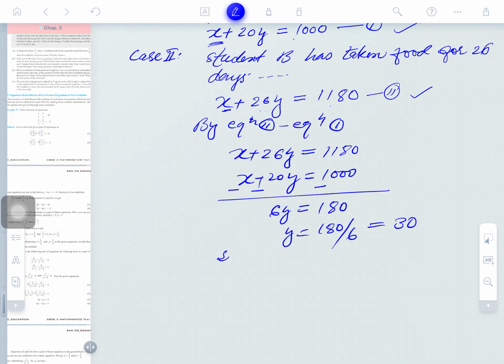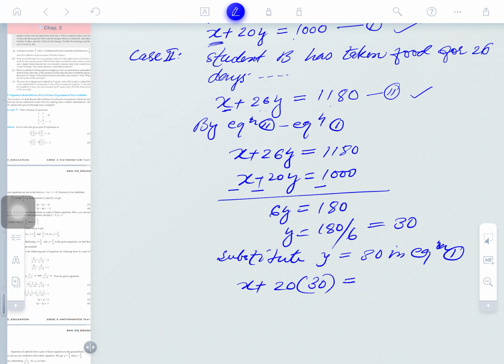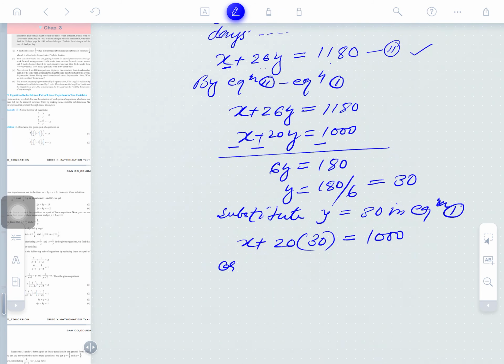So substitute y equal to 30 in the equation. What is the equation? Please tell me. Equation second or first, in any. So x plus 20 times 30 is equal to 1000. After solving, what will it be? Two 3s are what here? 600.